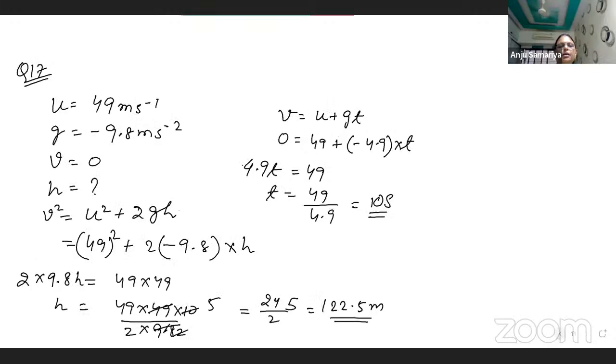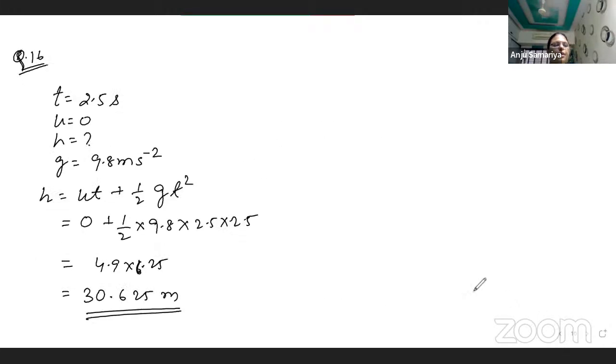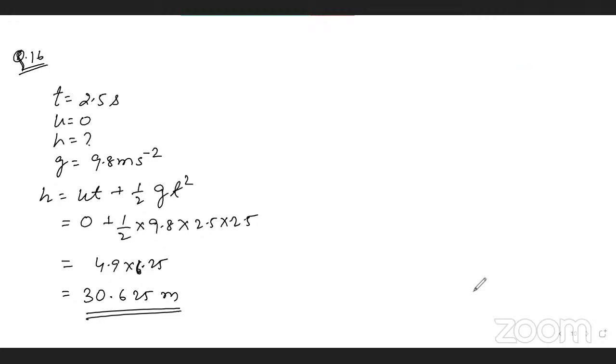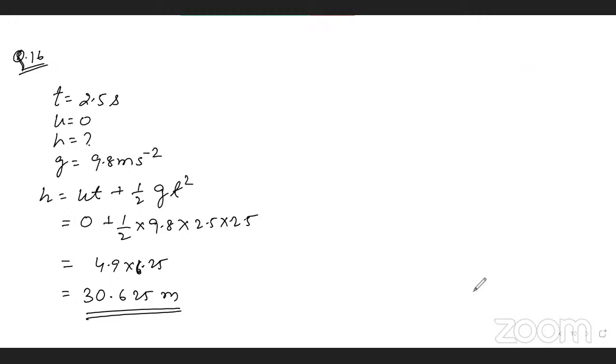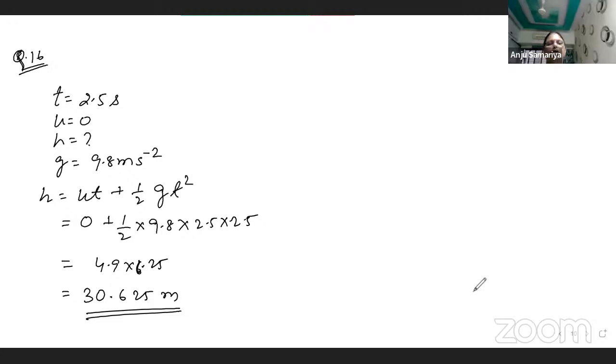Ashi, did you get question number 16? Yes, ma'am. I'm just checking question number 16 if it's right or not. Now it is shown on the board. Please check. Those who have done question number 16 and not sent me, please check.